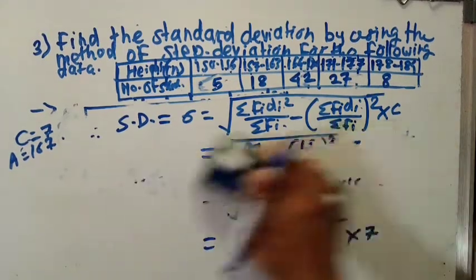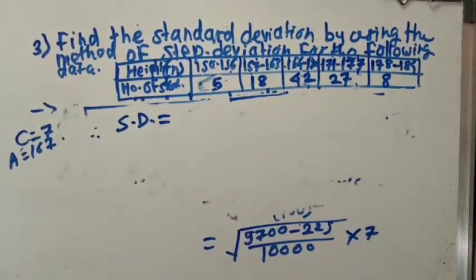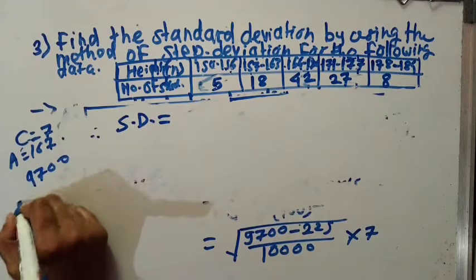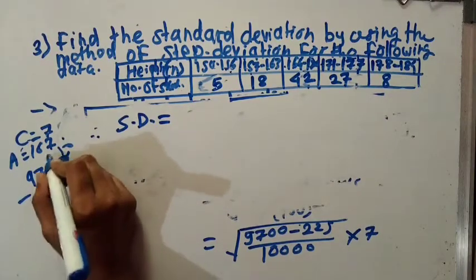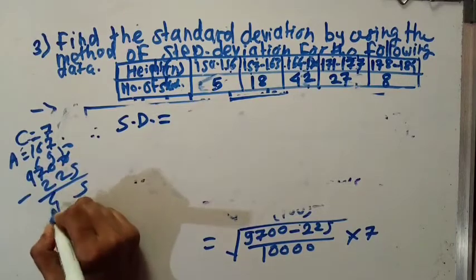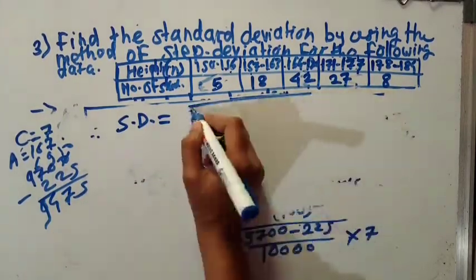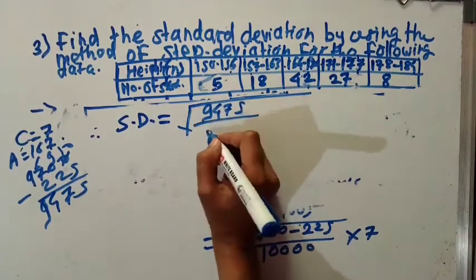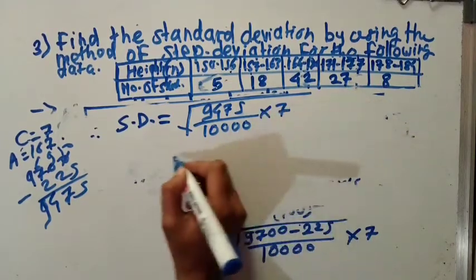Then find out this: 9700 minus 225 is 9475, upon 10,000 into 7.